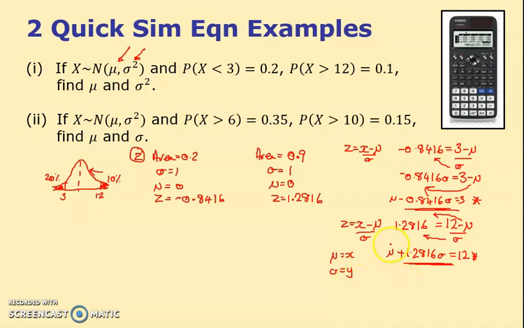So this is obviously mu equals 1. I've got one of them, so I'm going to type in 1 mu, or 1x, and I've got 1.2816 sigma, and that equals 12. That's my first equation typed in, and now I'm going to type in this equation, and again I've got 1 of the mu or the x. I've got negative 0.8416 y, and that equals 3.